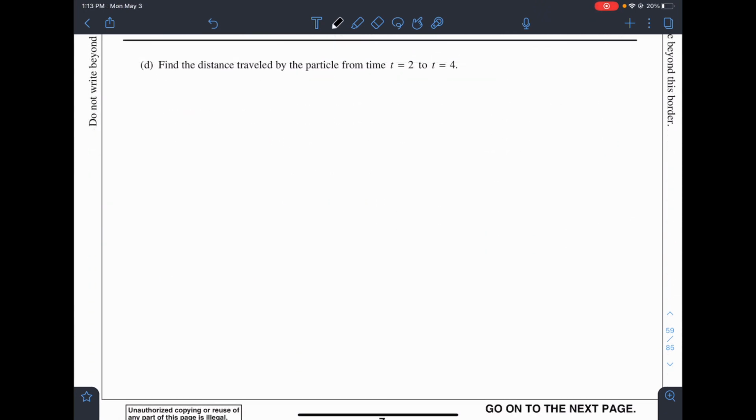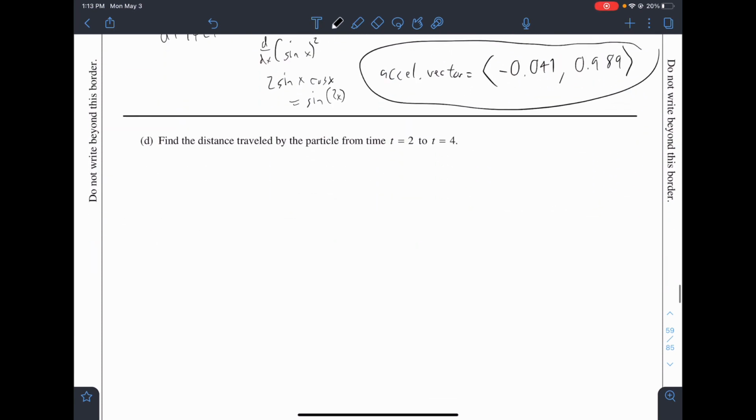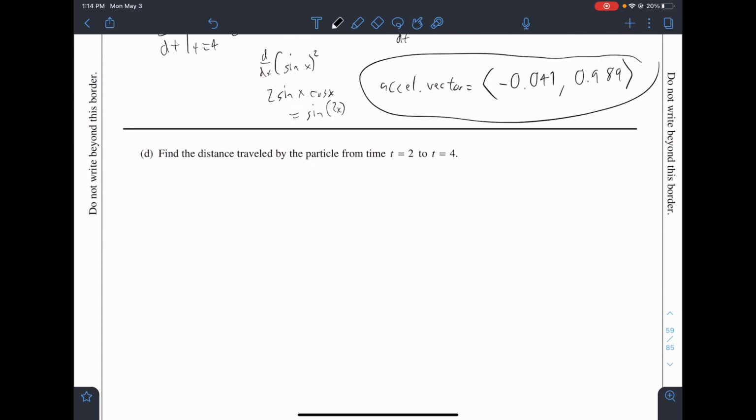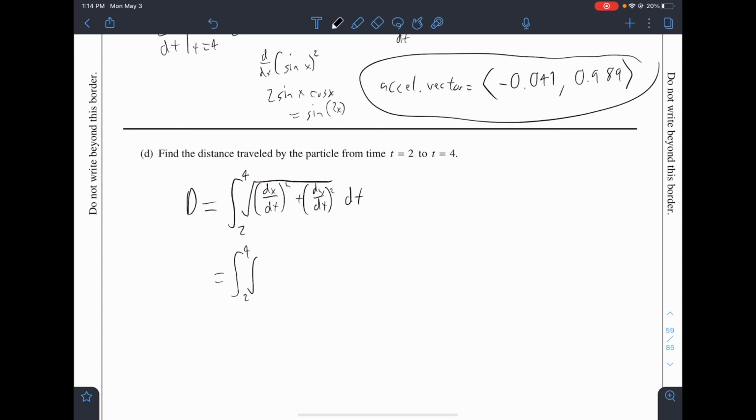Okay, so now for the last question, what we want to do is find the total distance traveled by the particle from time t equals 2 to 4. How we can set this up: for distance d, we just integrate the speed, because the derivative of the distance is the speed. So we integrate this from 2 to 4, the square root of dx/dt squared plus dy/dt squared dt, and that's it. So I'm going to plug in some values here.